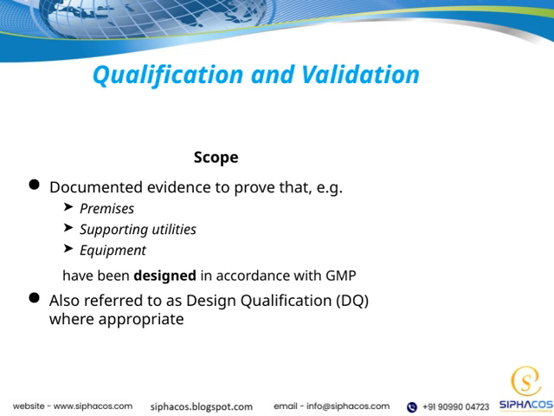When we say designed in accordance with GMP, we mean that every aspect of these components has been carefully planned and verified to meet quality and safety requirements. Sometimes, this process is also referred to as design qualification, or DQ. That's just a more specific term for ensuring that the design itself is suitable for its intended purpose.